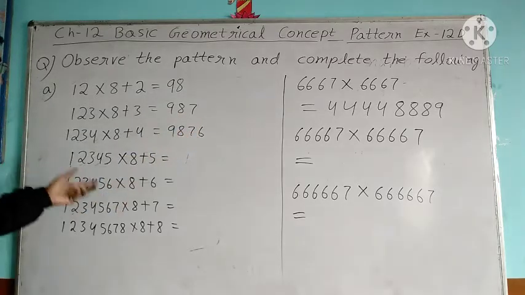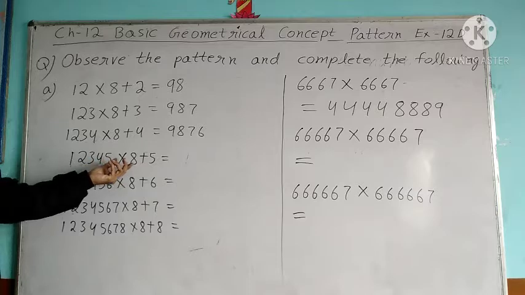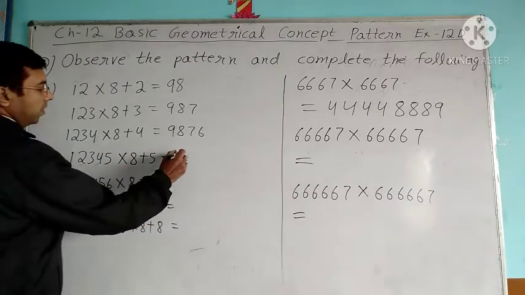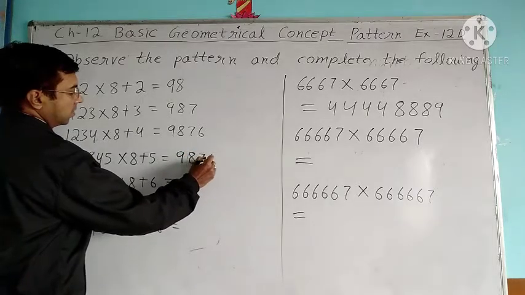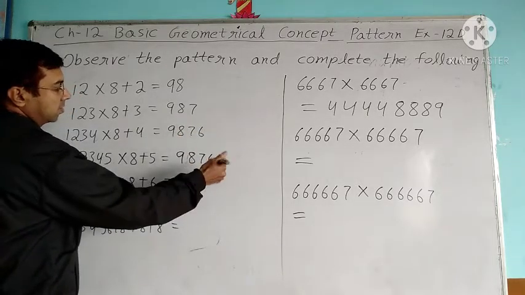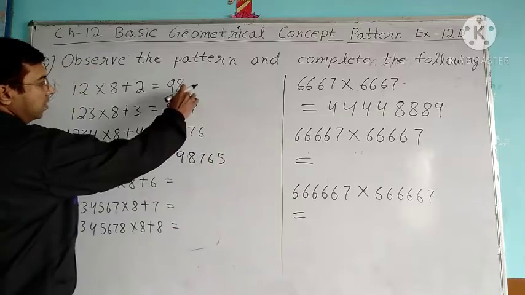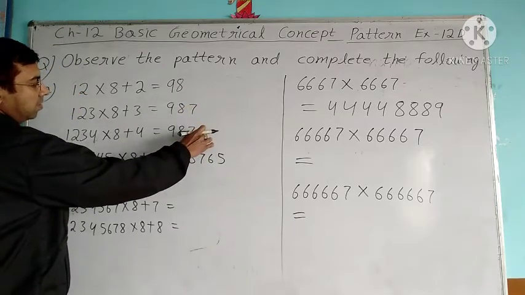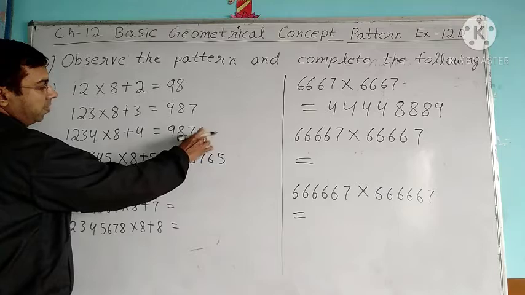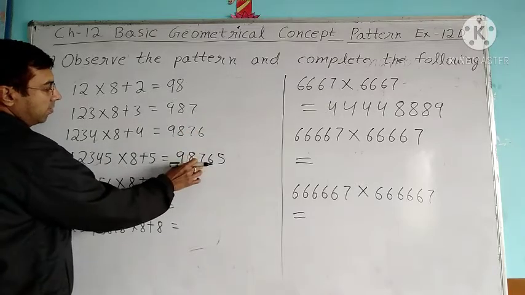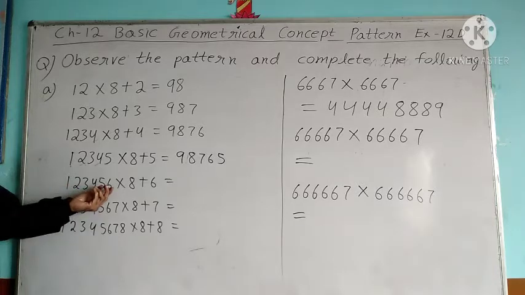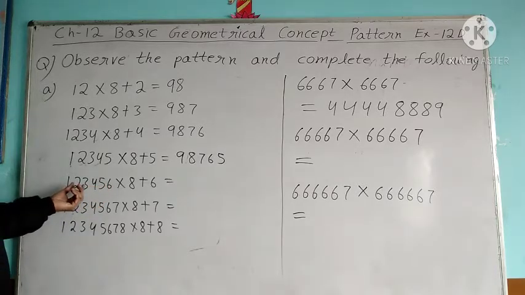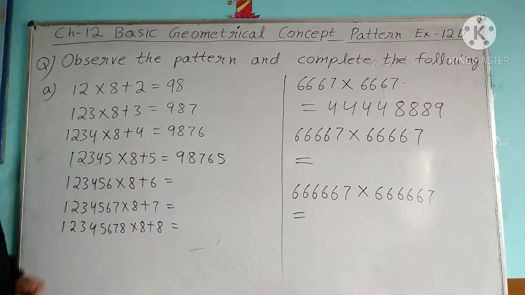Here we have written 1, 2, 3, 4, 5 into 8 plus 5. Very simple: 9, 8, 7, 6. Then 1, 2, 3, 4, 5, 6. Clear? Multiply 8 plus 6.